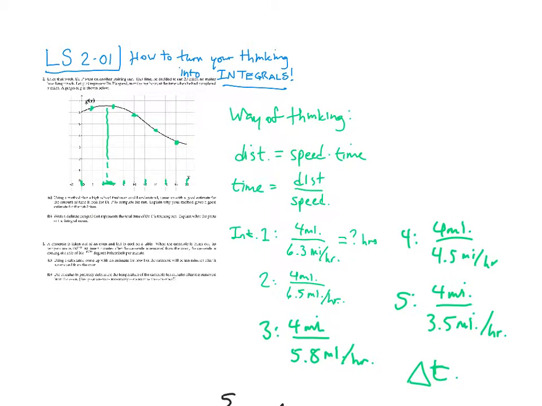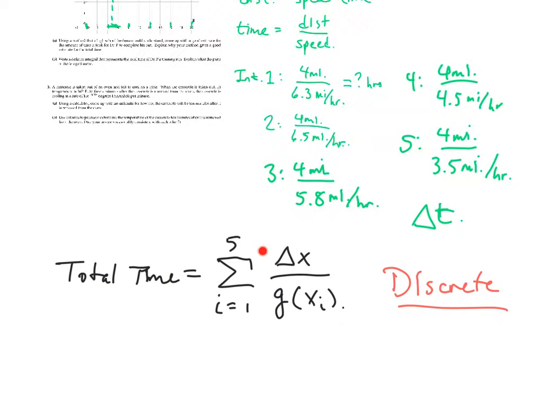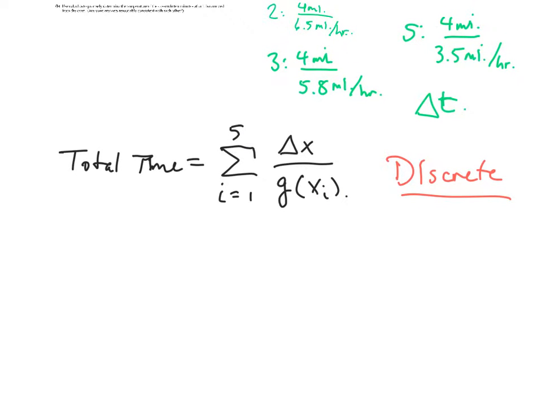Then what I'm doing is I'm changing this sum so that this delta x gets very small. The number of terms grows without bound. And anytime that you do that in calculus, what you're doing is you're turning a sum into an integral.